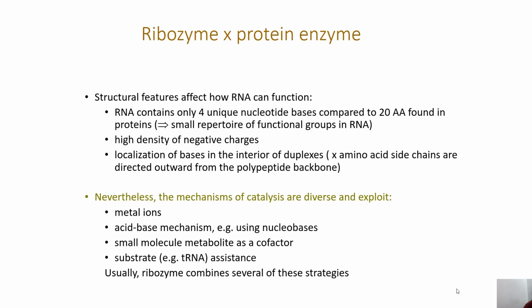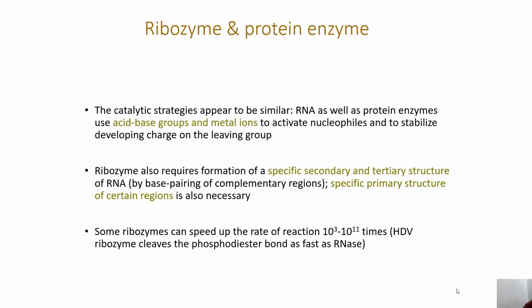Nevertheless, the mechanisms of catalysis are diverse and exploit metal ions, acid-base mechanisms using nucleobases, small molecule metabolites as cofactors, and substrate assistance like tRNA, and usually a ribozyme combines several of these strategies.